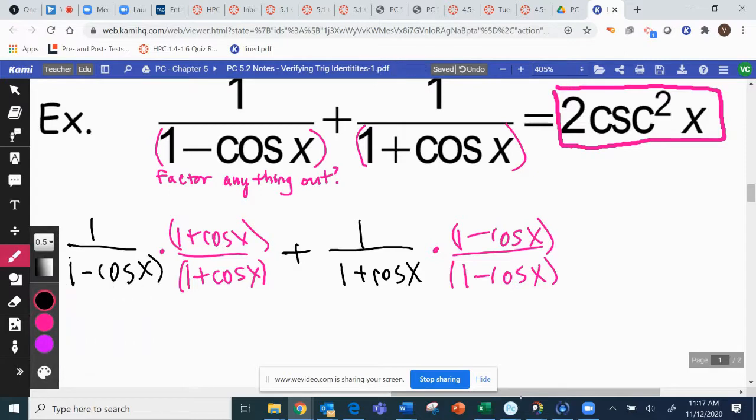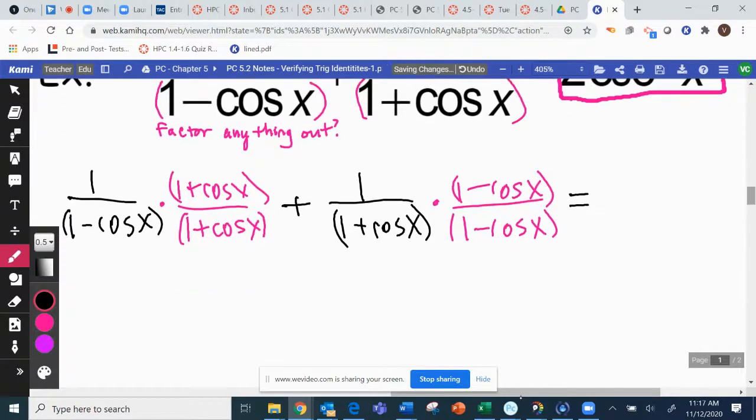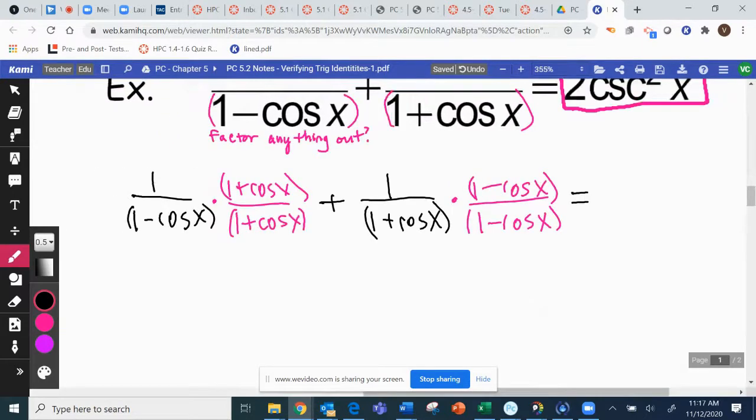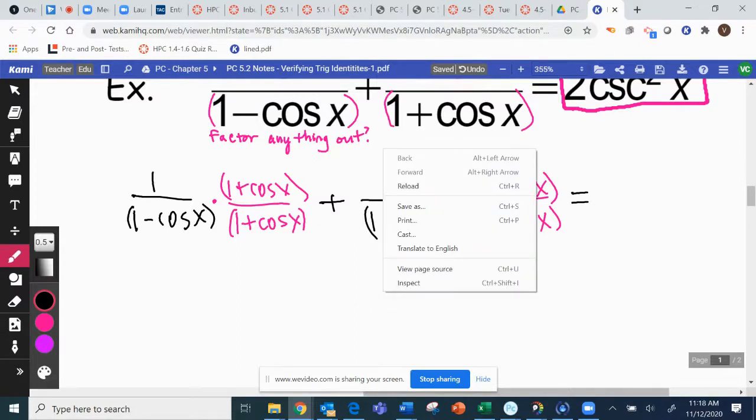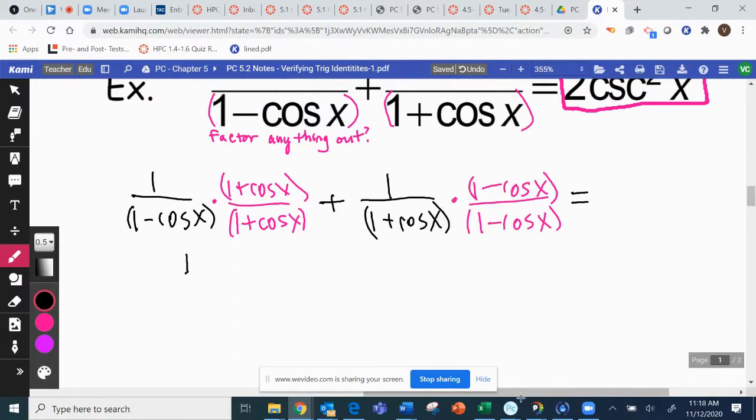And these parentheses are understood, but I'll put them in so we can actually see them. So on top, I will distribute, and I'll get 1 plus cosine x. On the bottom, we need to FOIL that together, multiply that together, which I didn't leave a ton of space for, but I guess I will just do it right here.